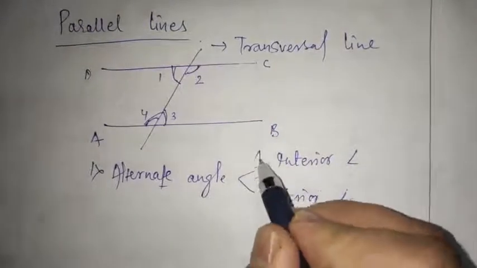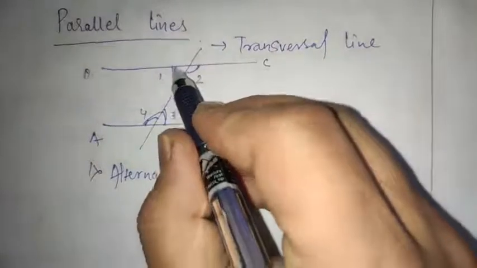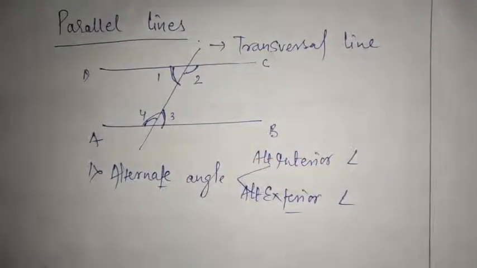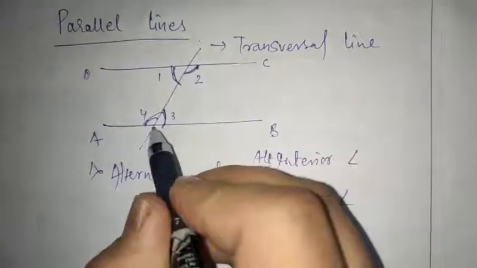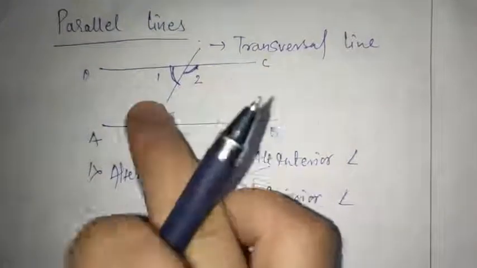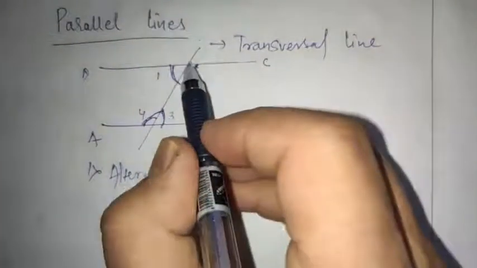Alternate interior angle and alternate exterior angle. Now this angle 1 and angle 3 are alternate interior angles, angle 2 and angle 4 are alternate interior angles. Yes, these are alternate opposite ones, just see.